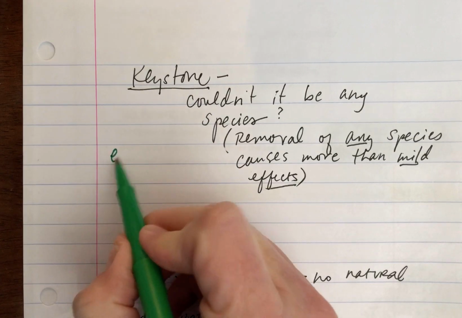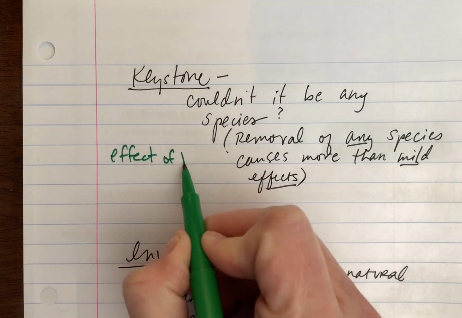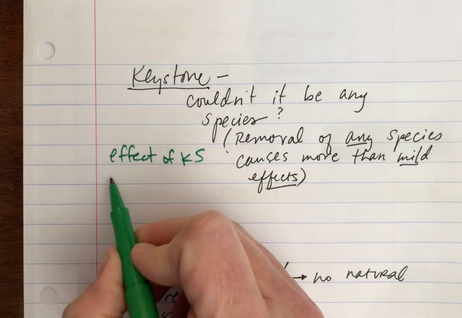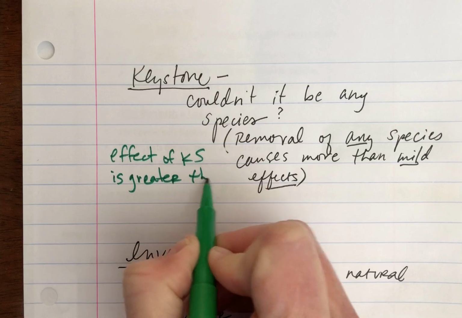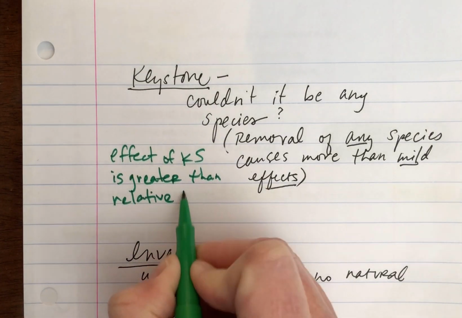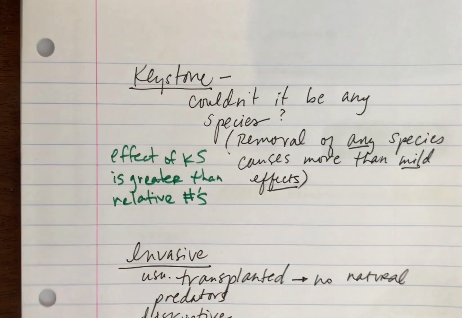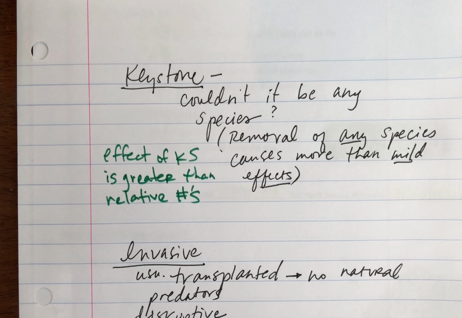Usually the effect of their presence, I'm just going to say keystone species, is greater than their relative numbers. Meaning their population size is not as large as you would think it would have to have a huge role, but it still does.